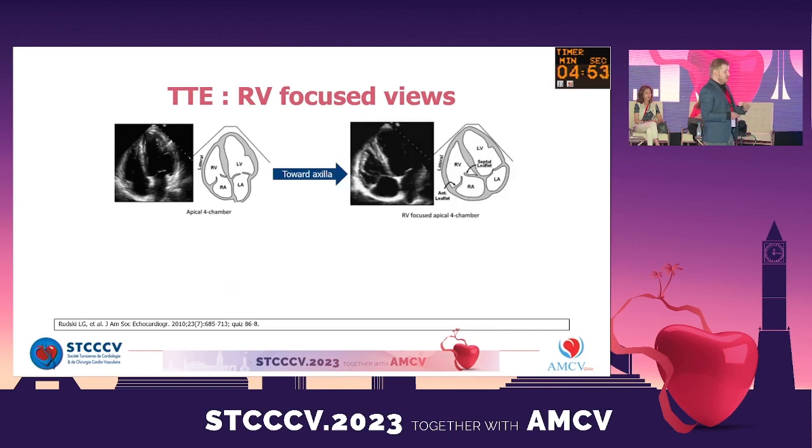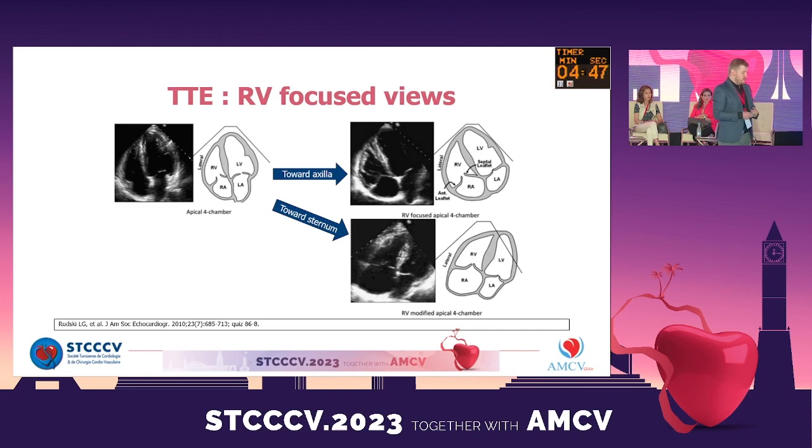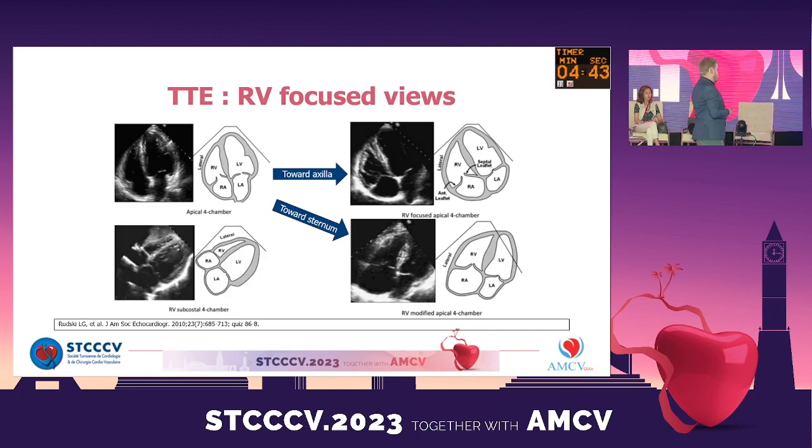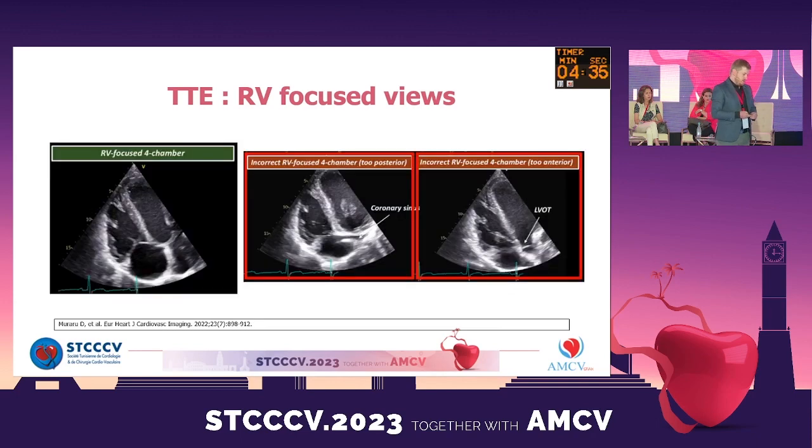After that, you can move towards the axilla to have the RV-focused apical four chamber, or you can move toward the septum to have a modified one. Those are very useful. In case of pulmonary pathologies, for example, the subcostal view is also a go-to. You need to be sure that the axis is okay, not too posterior or too anterior. If you see the coronary sinus, you're too posterior.